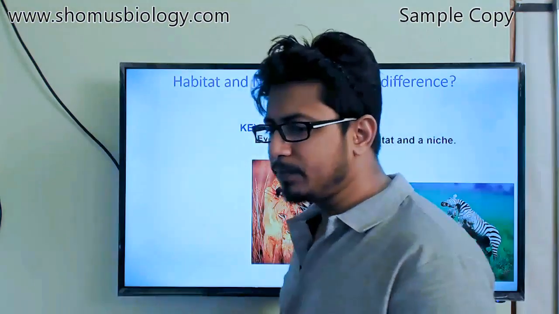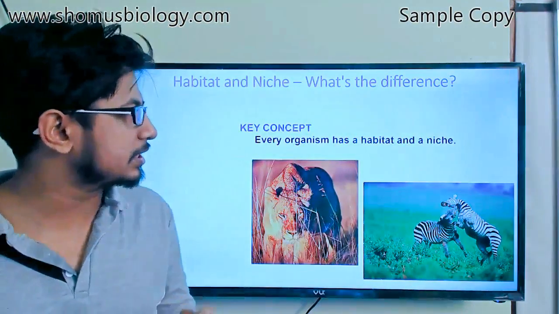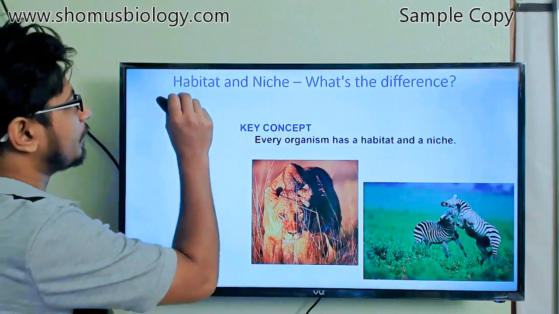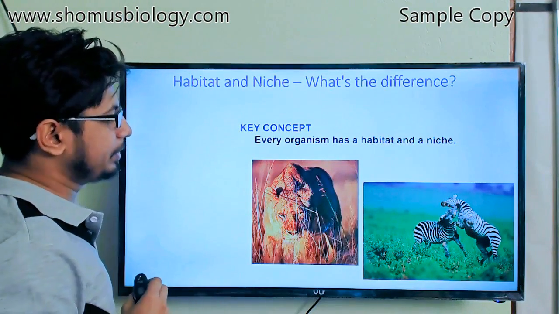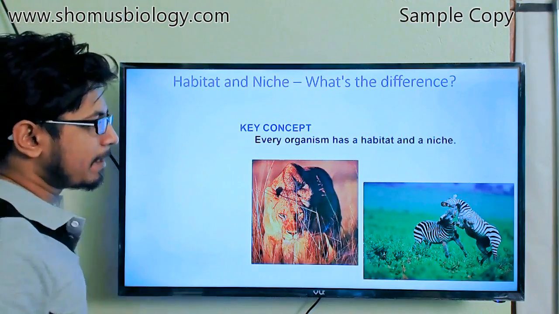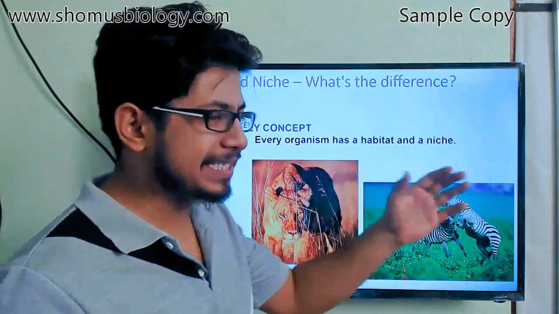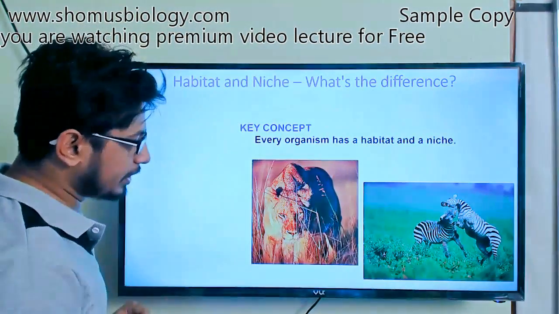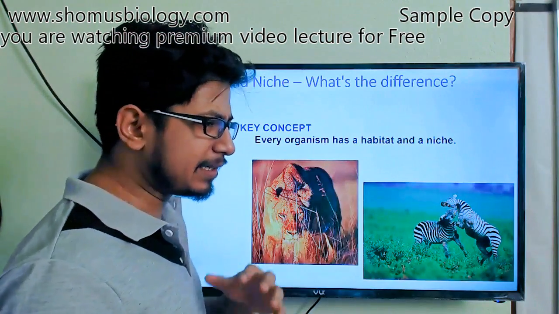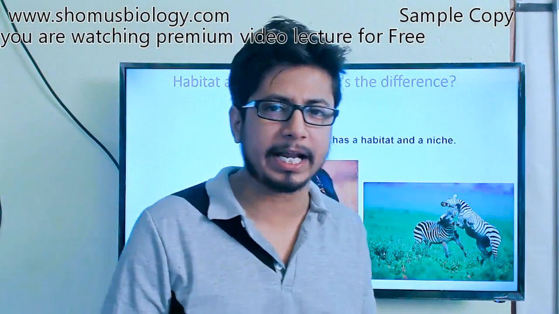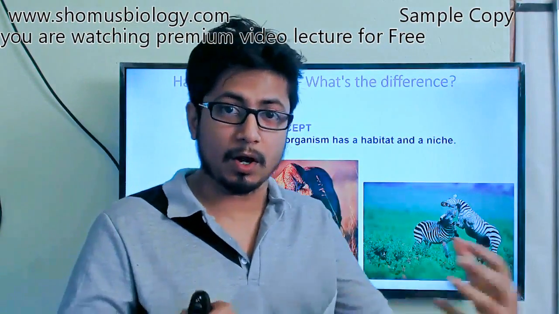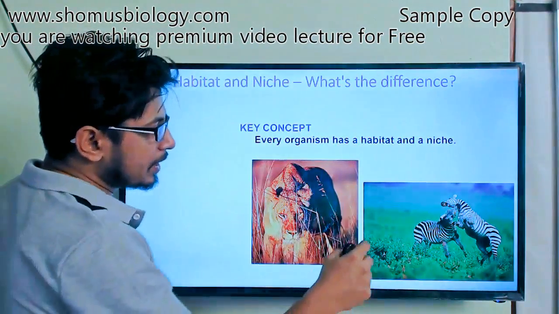So in community ecology, the first thing that we need to understand is the concept of habitat and another very unique concept known as niche. So what is habitat and what is niche? As I said, in a community there will be competition, and that competition is one type of interaction between organisms of different populations.